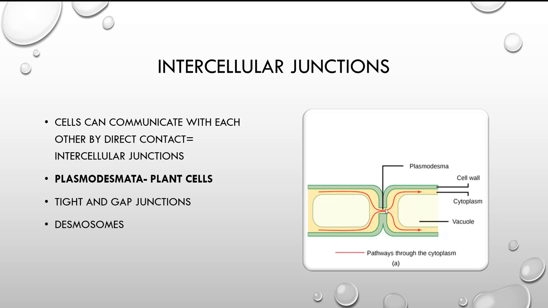Those gaps are what we call the plasmodesmata, or plasmodesma in the singular. So plasmodesmata is just that gap that allows for transport of nutrients and things like that to flow between two plant cells. So that's the intercellular junction for plant cells.